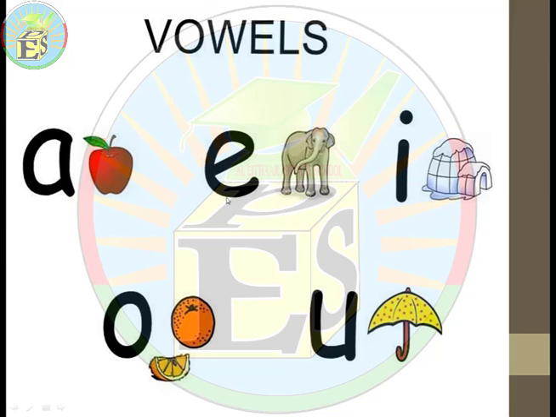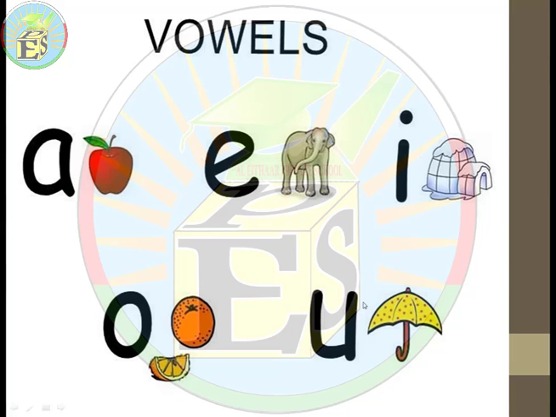The word elephant starts with E. The vowel used for this word is an elephant, an iceberg, an orange, an umbrella. Alright, so this is the rule.